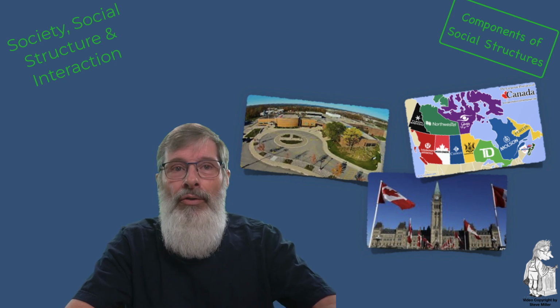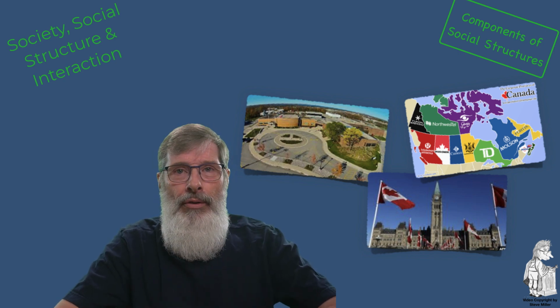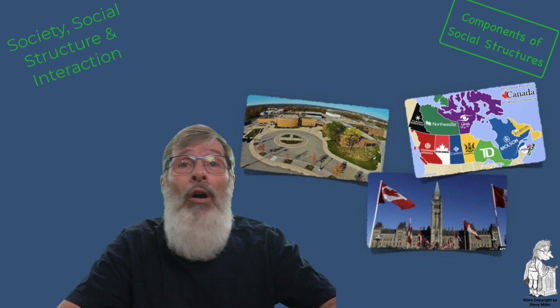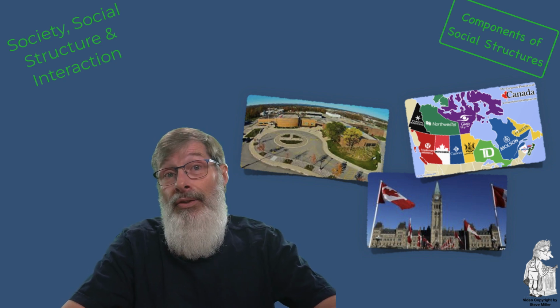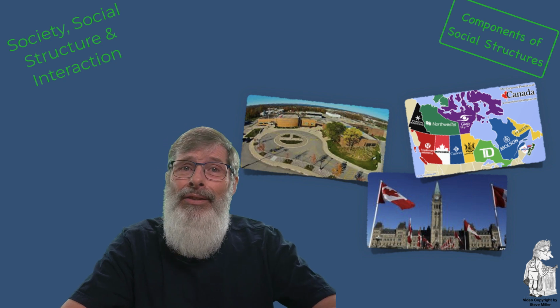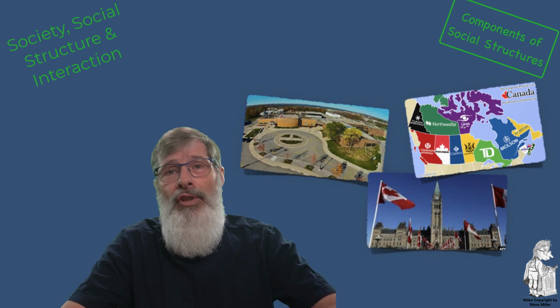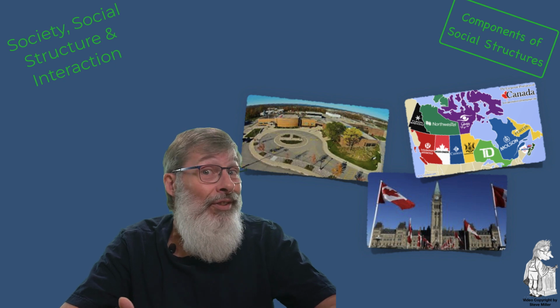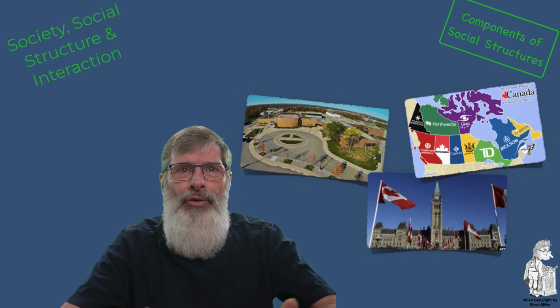Formal organizations are an important component of social structure in all industrialized societies. We expect such organizations to educate us, to solve our social problems such as crime and homelessness, and provide work opportunities.